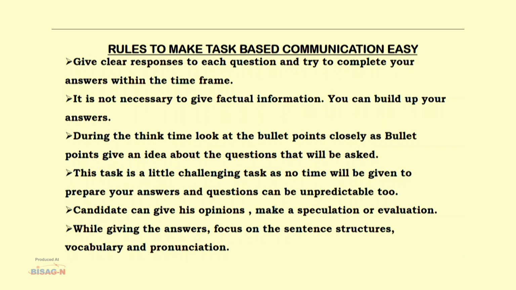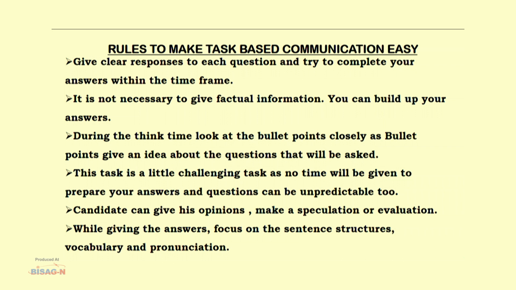The questions will be random. There is no preparation time given to the candidate, and hence it is necessary to keep in mind certain points and rules so that the candidate can be helped in clearing the examination.